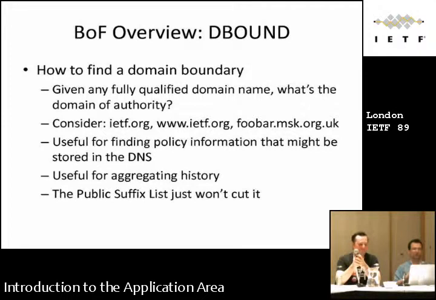So you can't make an assumption just based on the number of labels in the name. And if you really want to figure out who owns a particular name, you can't rely on the DNS. You can't do a DNS tree walk. You can't necessarily query something like the public suffix list, which is not reliable. So finally coming up with an algorithm to do this is what I believe DEBOUND is after.